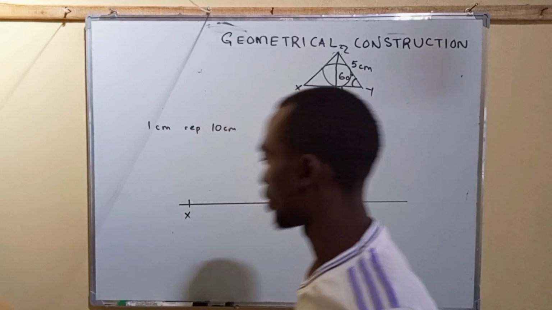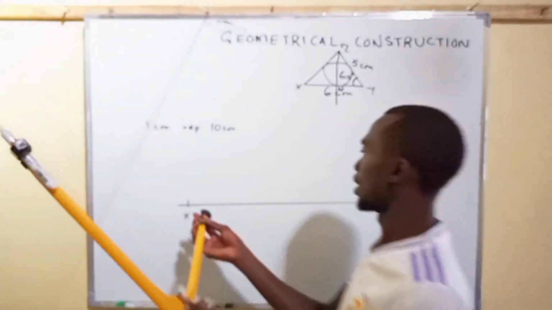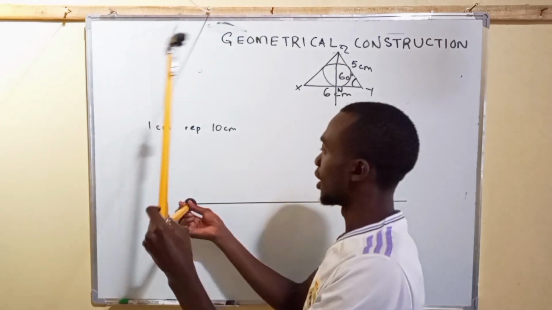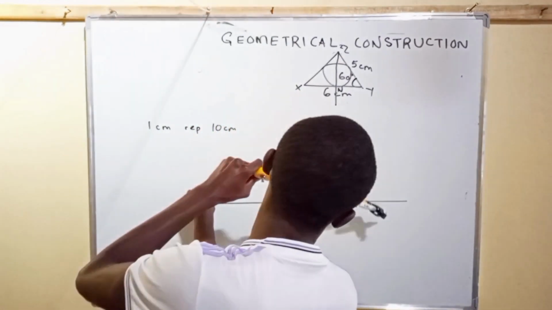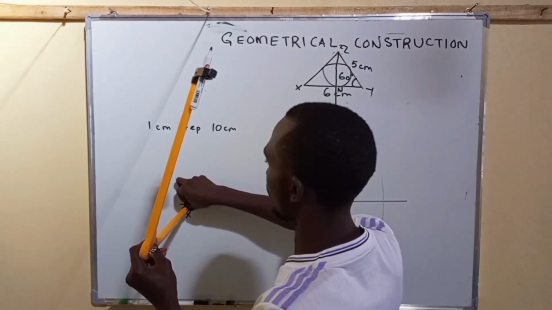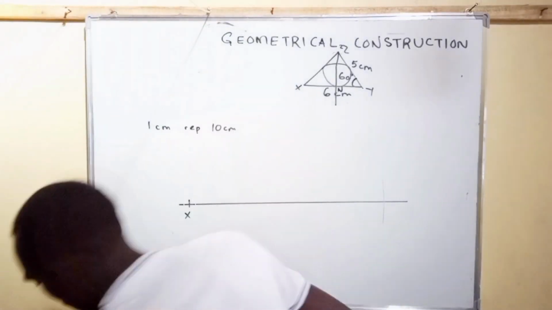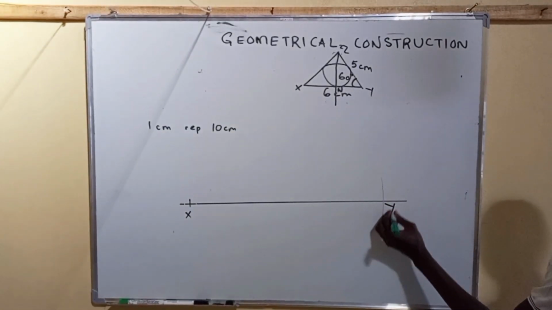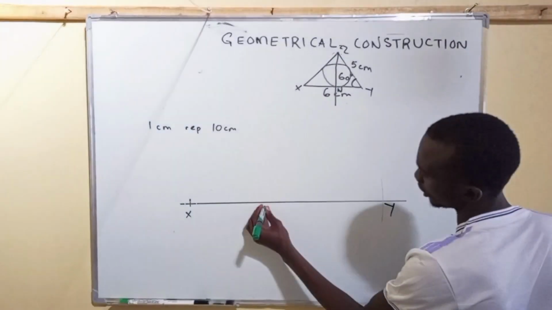So this is the 60 centimeters. At point X, I make an arc along the line. Where I have this point is Y, at this particular point, XY is 6 centimeters.